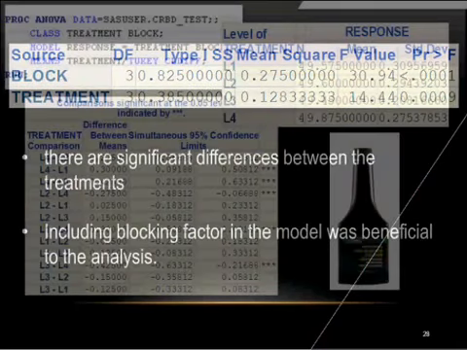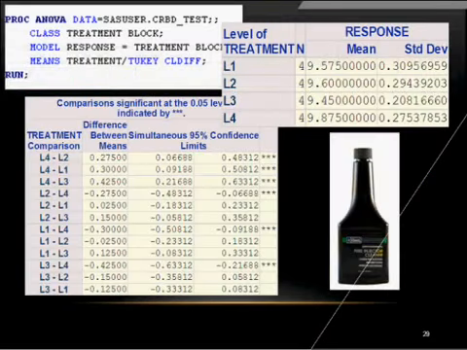All right, what about which treatment is the best? If the gas owner asks me which of the gas additives is the best, which one I should be promoting more, I can tell that by including in the means statement a Tukey test, and that will allow me to do multiple comparisons for each of the treatment levels.